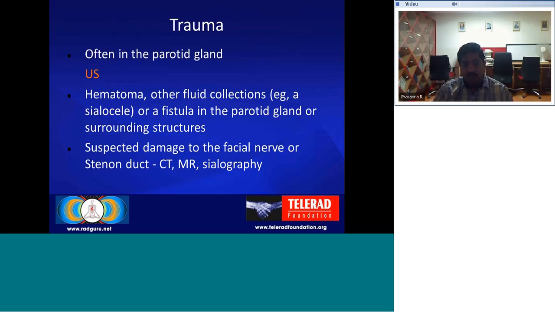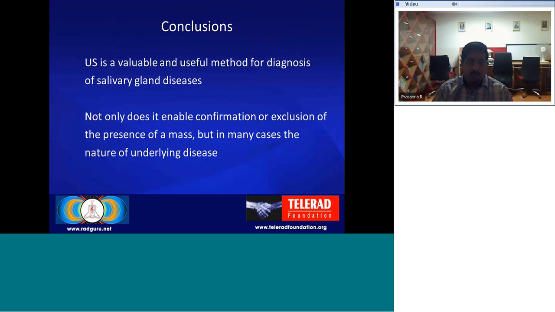And when there is suspected damage of the facial nerve or the Stenon duct, definitely we should not hesitate to go for further investigation with CT/MR or sialography. So to conclude, ultrasound is a valuable and useful method for diagnosis of salivary gland diseases, particularly of the superficial lesions or the major salivary glands.